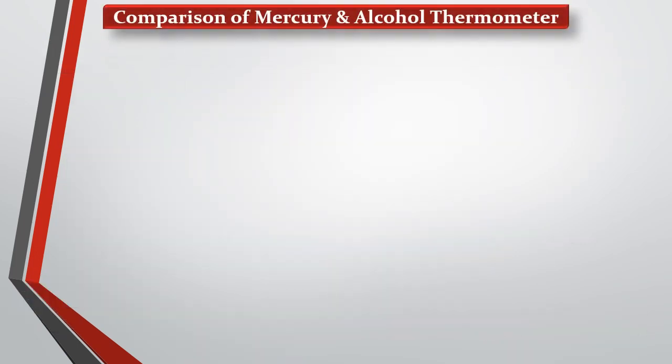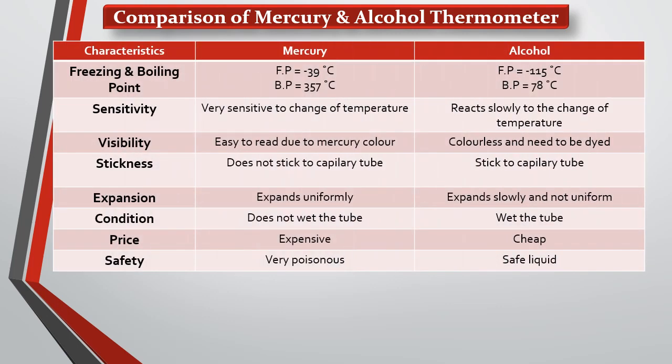So, comparison between mercury and alcohol in the thermometer. The characteristics we want to compare are the freezing and boiling point, sensitivity, visibility, stickiness, expansion, condition, price, and safety.